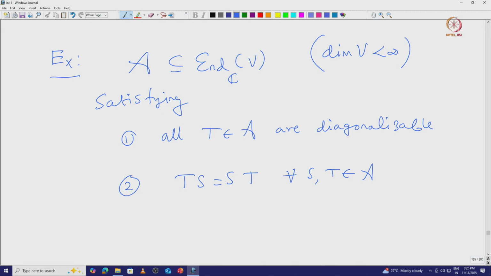If these two conditions are there, then from this one can conclude that there exists a common basis B of your space V such that all these matrices with respect to this B will be diagonal.